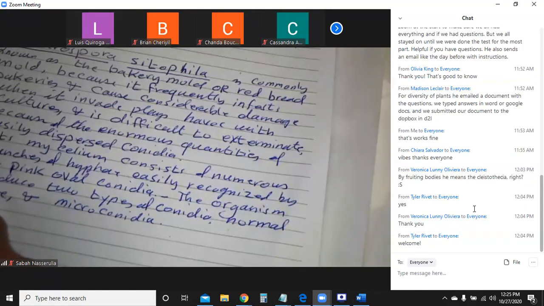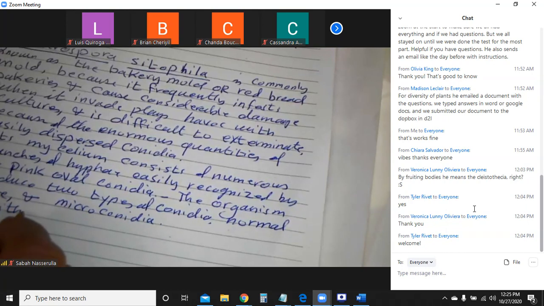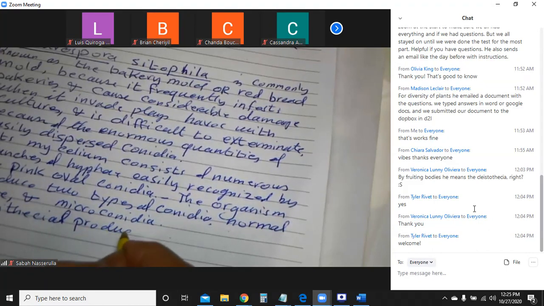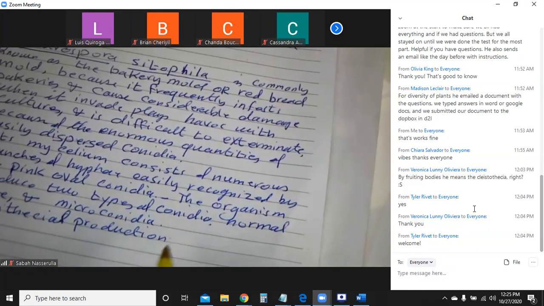Now, perithecial production, as you know, is a result of the sexual stage. So in that case, they require two mating types.